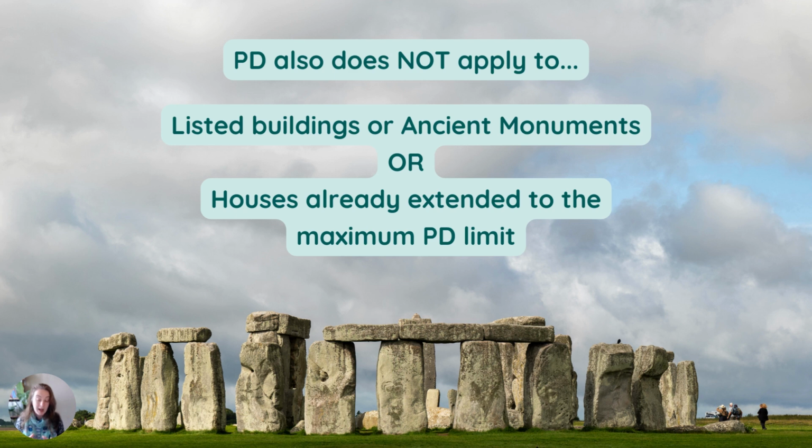So if you've bought a house and they've got the original floor footprint of the house, and then it's been extended to that maximum size that permitted development allows, then you can't do another extension of an equivalent maximum permitted development size on top of what's already there. That's not allowed. You can't do it. And I'm sorry if I've burst your bubble about not being able to extend Stonehenge, but yeah, not allowed either.